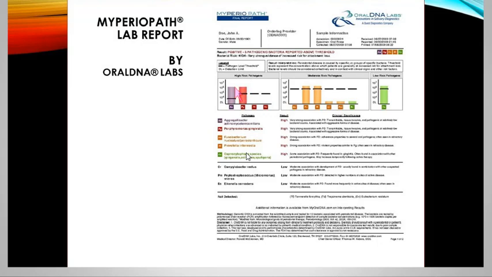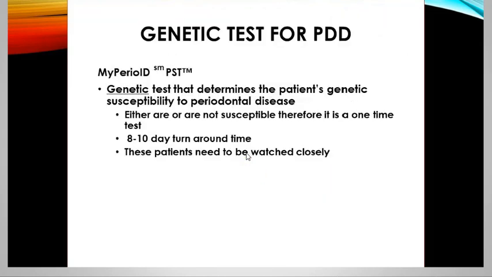Through this report, we are given recommendations for specific antibiotics to administer during the scaling and root planing process. And of course, along with antibiotics, we recommend probiotics to be taken to protect the gut.